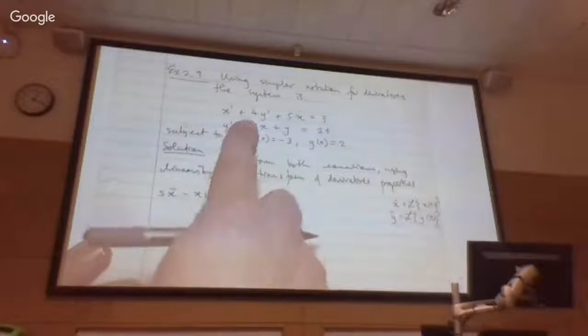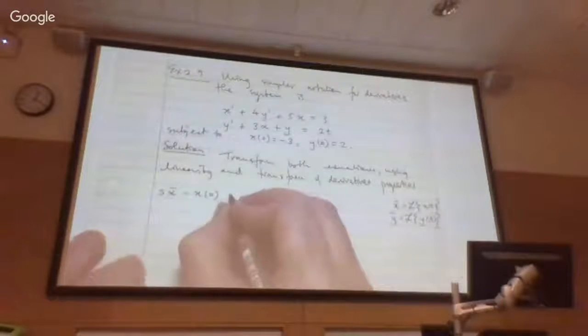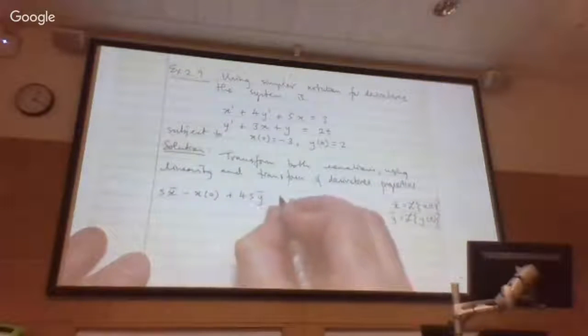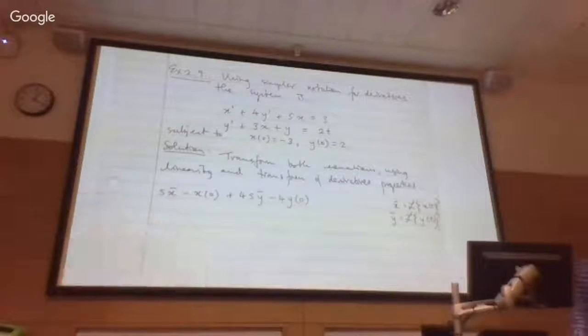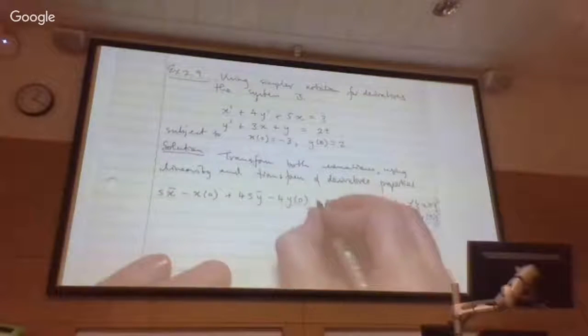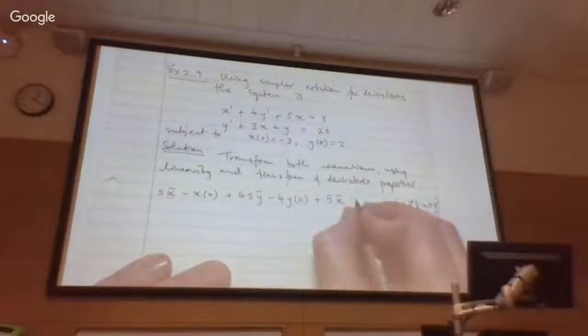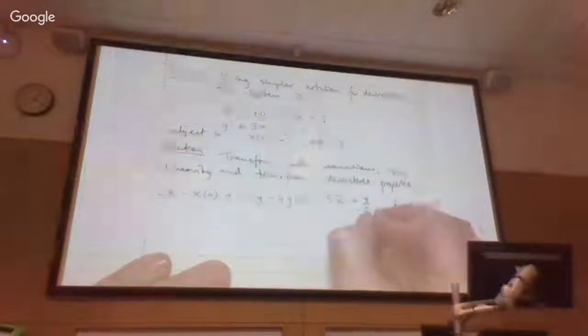The transform of 4 times the derivative of y is 4 times s times y bar minus 4 times the initial value of y. And then I've got plus 5 times x bar. And then I've got the transform of 3, which is 3 over s.